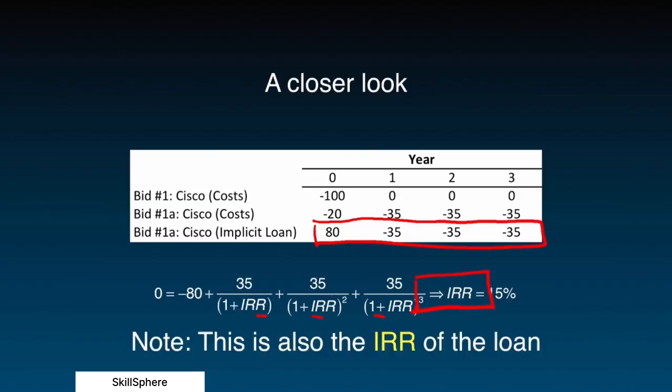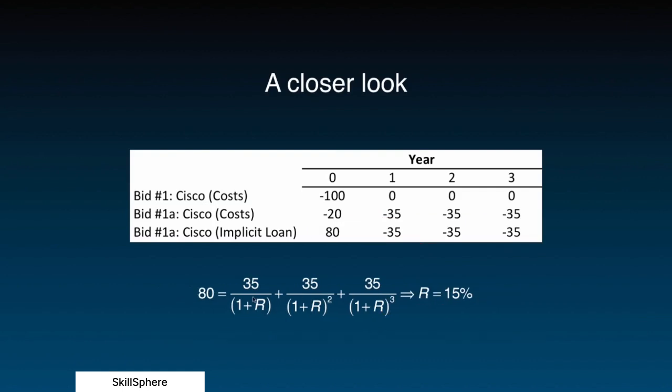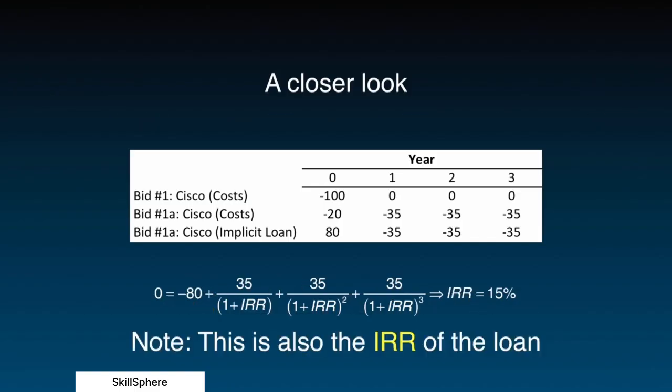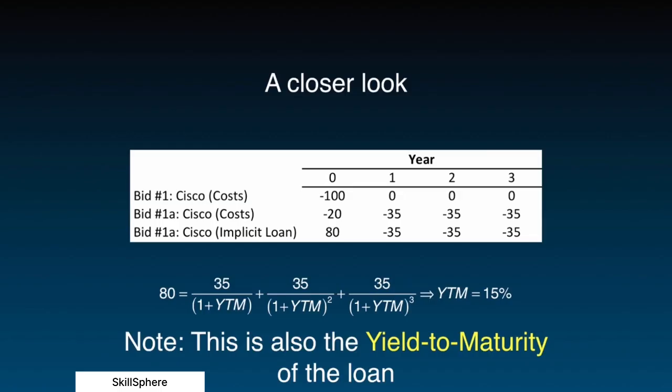I want to emphasize that. If I move this over here, this will be 0, and this will equal minus 80. So that is just the IRR. It's 15%. It's also the yield to maturity, which we've discussed in the past.